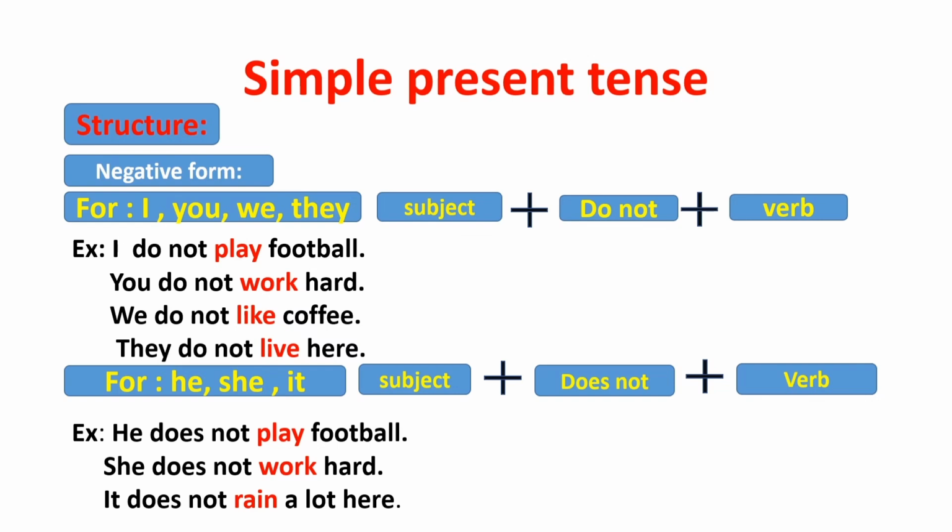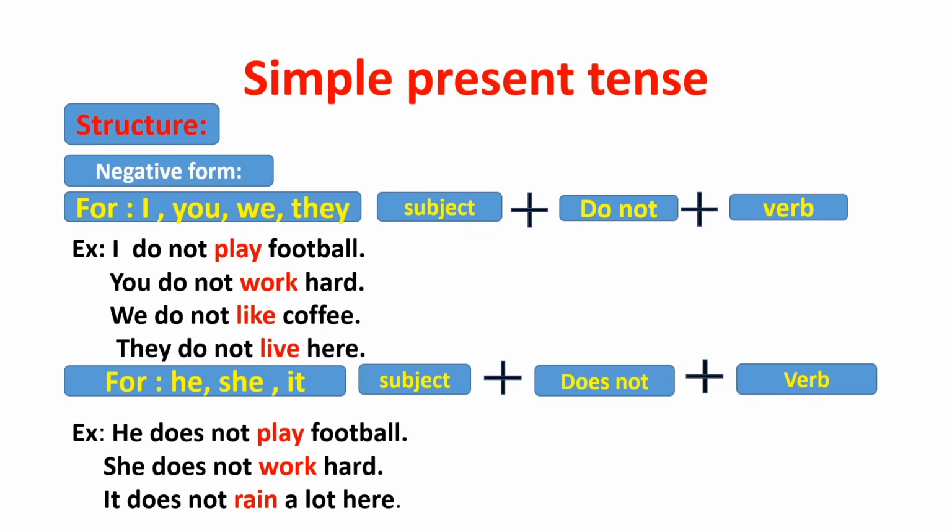When we are using he, she, it in the negative form of the simple present tense, we use does, so here we don't need to add the s or es after the base form of the verb, because we have does, which is a singular verb, and we cannot use two singular verbs in a single sentence.